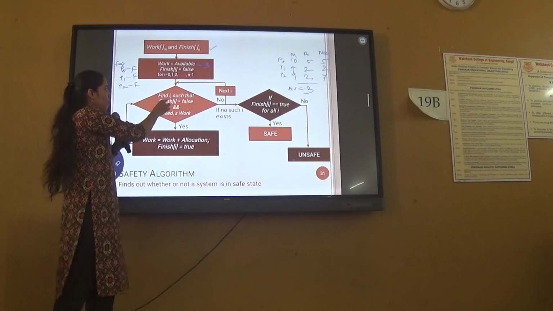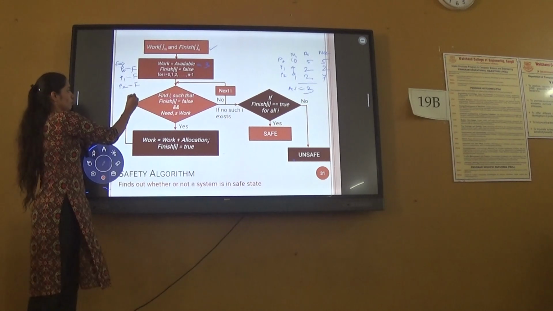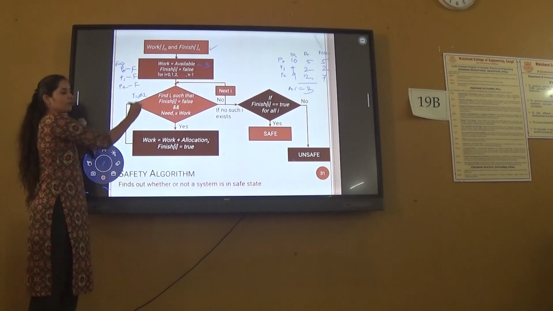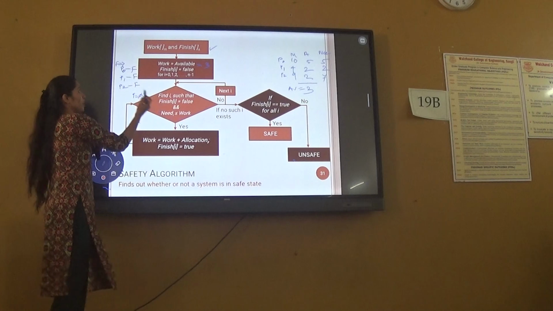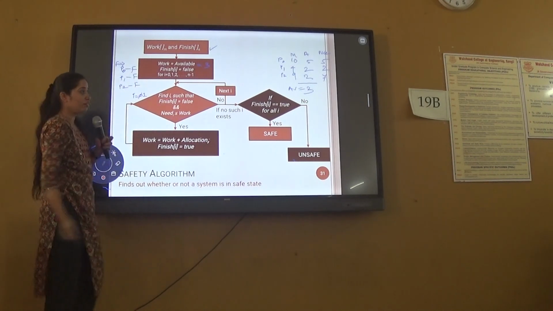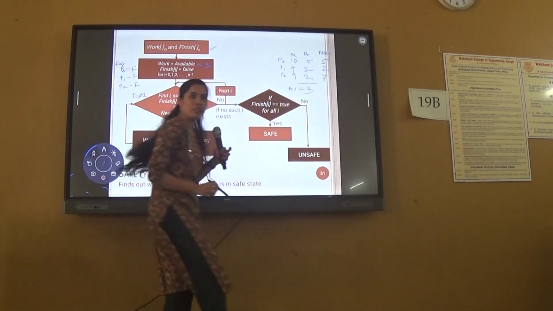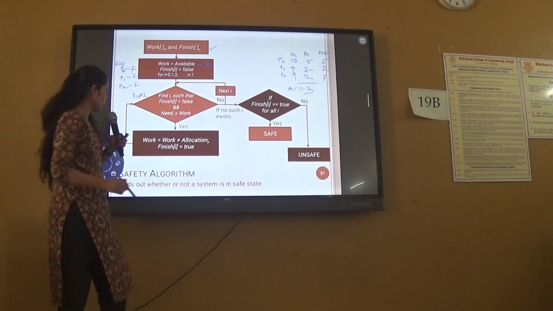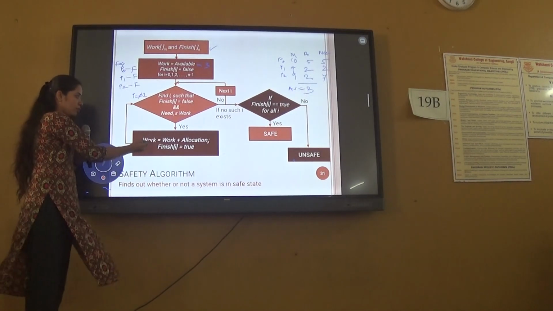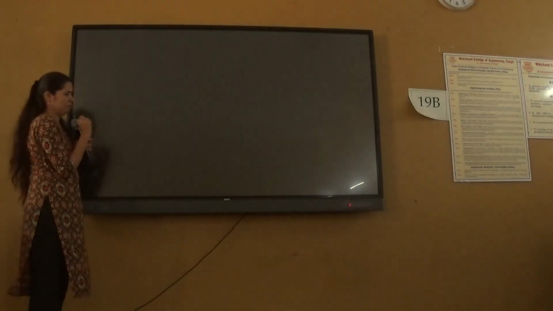Now i goes from 0 to 1. Finish[i] is false? Yes. Its need is 2. Is 2 less than 3? Yes. What will we do? We will allocate the resources.